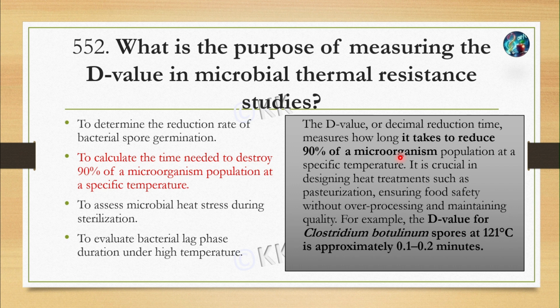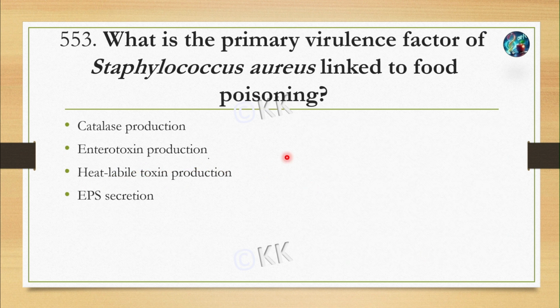This is crucial in designing heat treatments such as pasteurization and ensuring food safety without over processing and maintaining the quality. For example, the D value of Clostridium botulinum spores at 121 degrees Celsius is approximately 0.1 to 0.2 minutes. So let's see the next question.